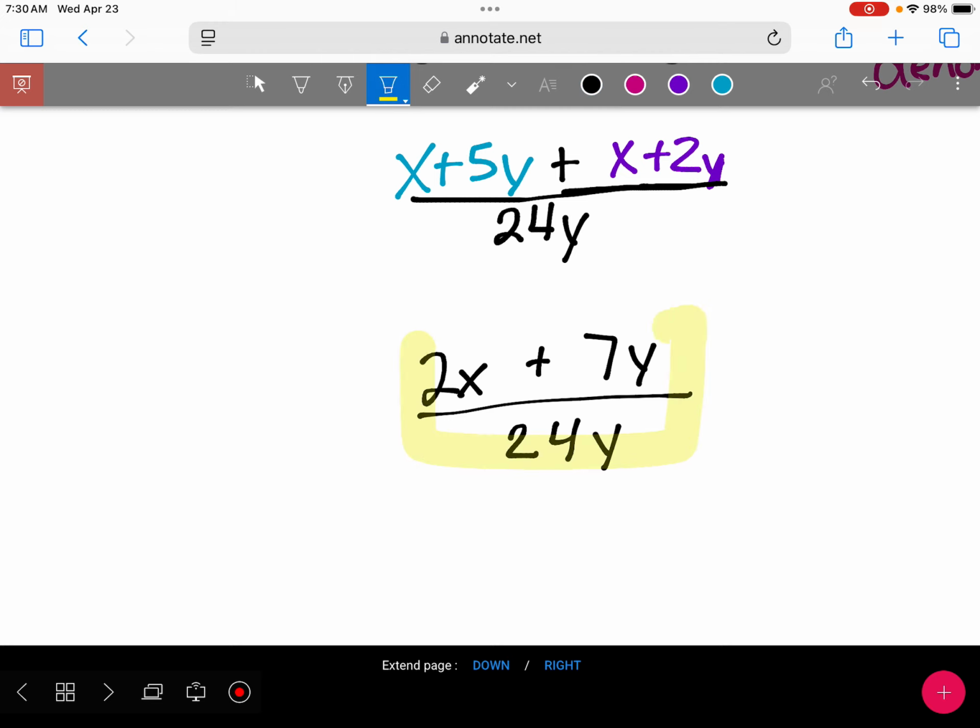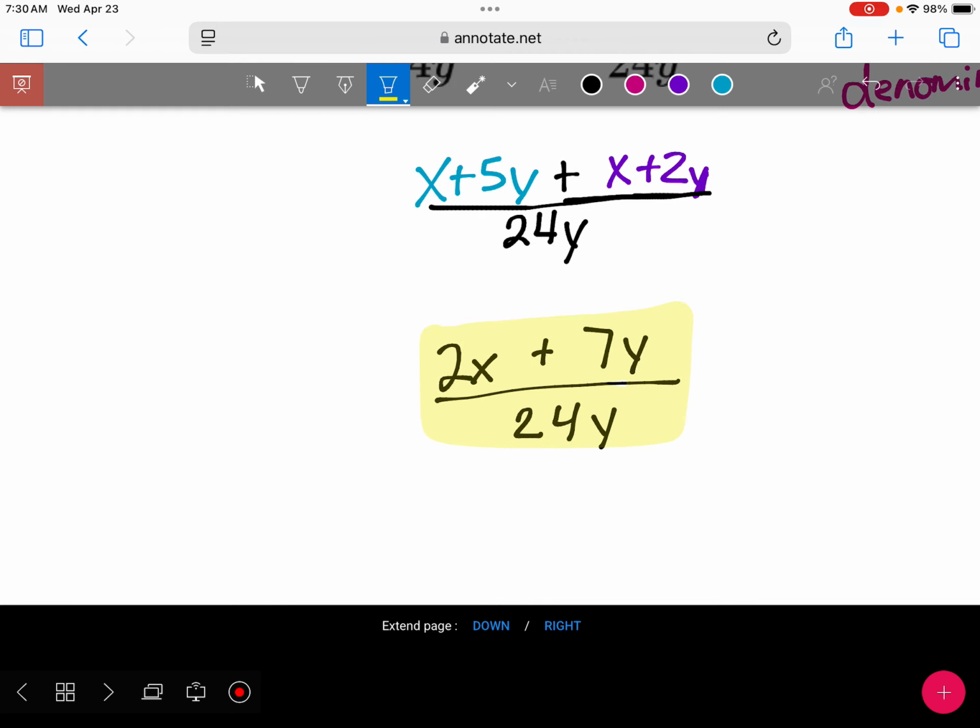So these are going to still look like rational expressions when we're done. We're not getting to an x equals or a y equals. We're just smushing them together. So we're not doing the thing where if there's a y in the denominator, there can't be a y in the numerator. If it was a multiplying problem where we're trying to simplify, we could.